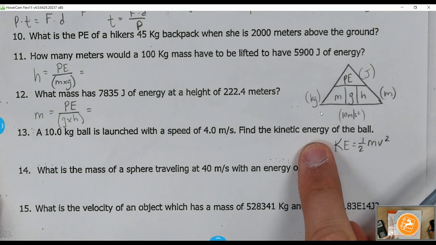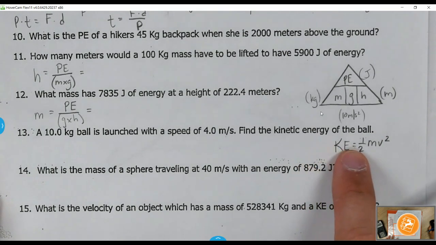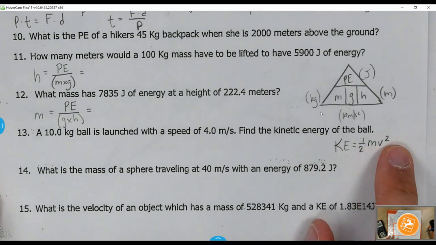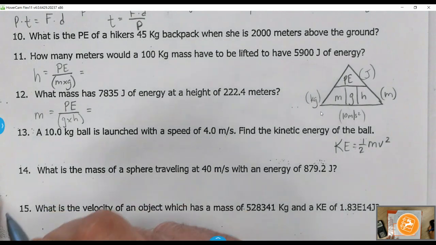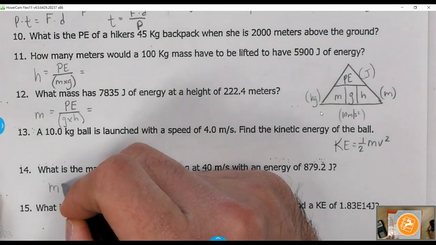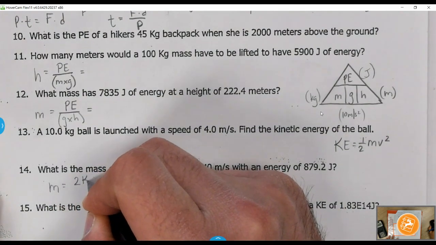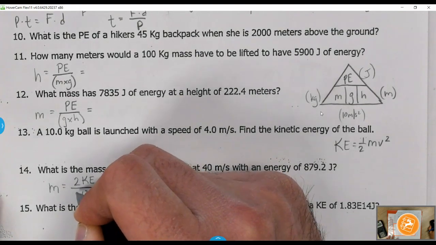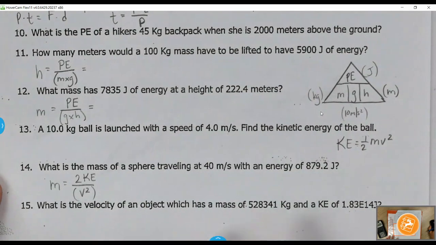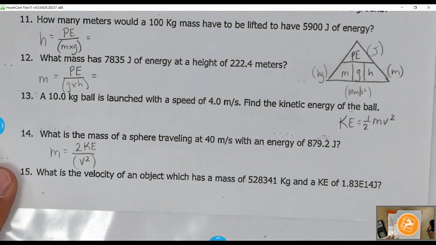So it'd be 2KE is equal to mv squared. And then to get rid of v squared, you got to divide both sides by that. And so you would be left with 2KE divided by v squared. Make sure you put that v squared in parentheses in your calculator just so we don't get any mishaps.